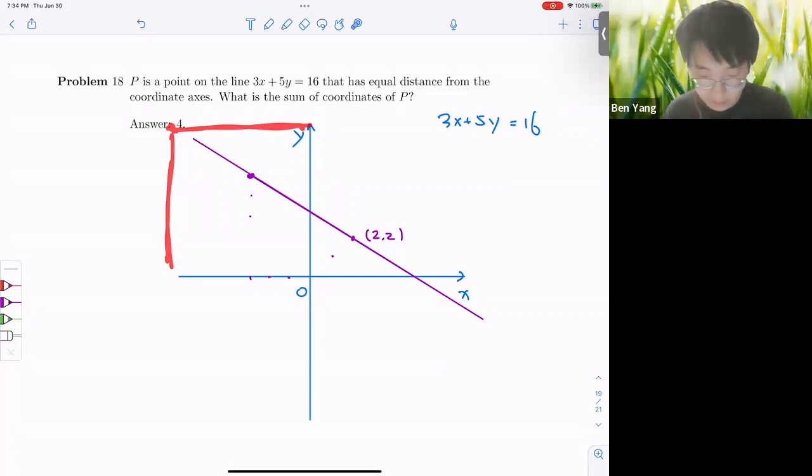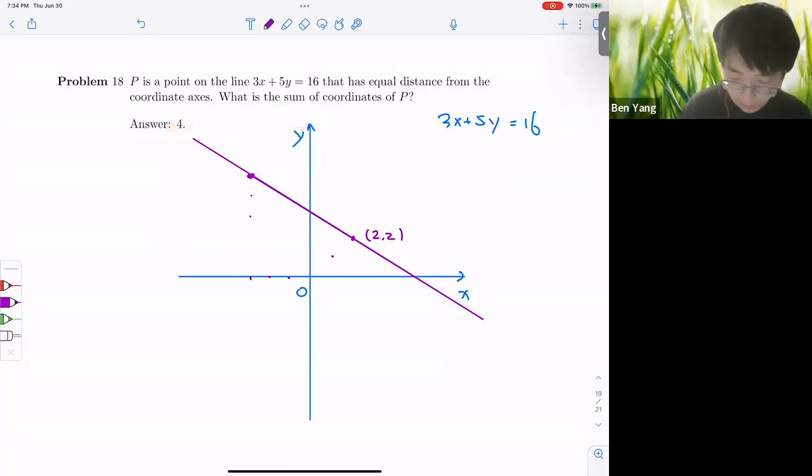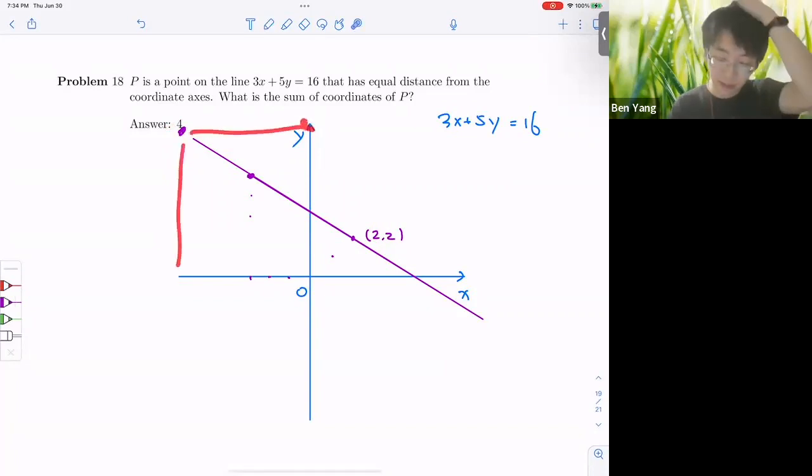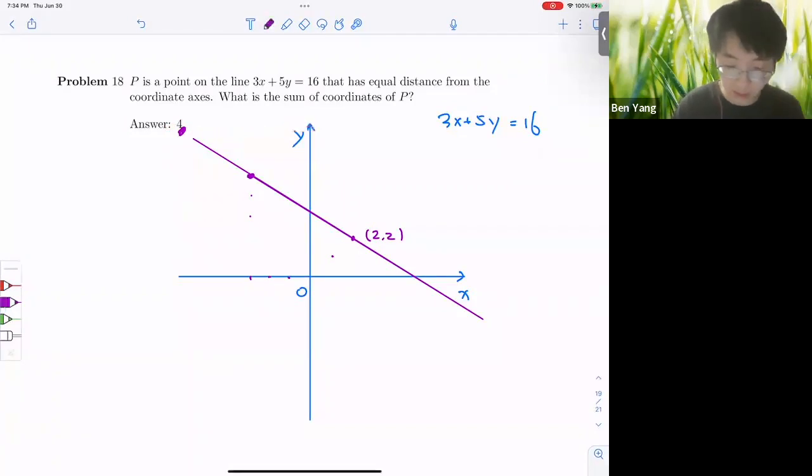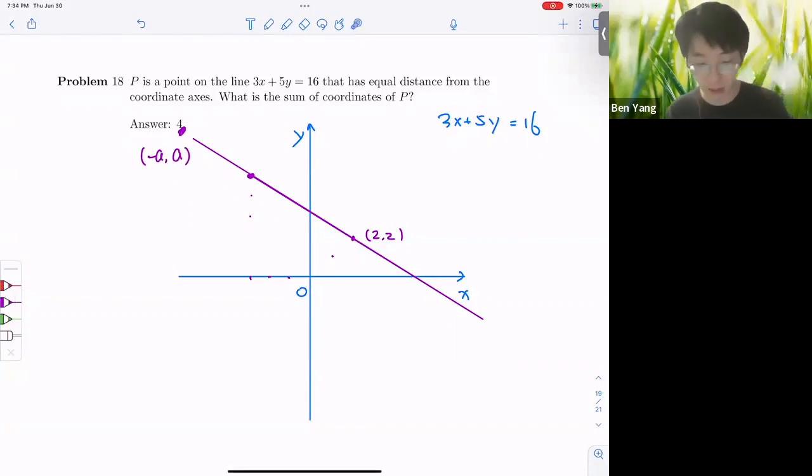Let's say we have the point somewhere here. Since it has the same distance from the coordinate axes, let's say the coordinates of that point are (-a, a), and a is a positive number.